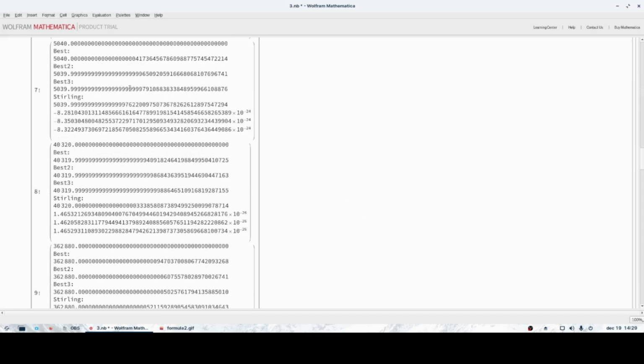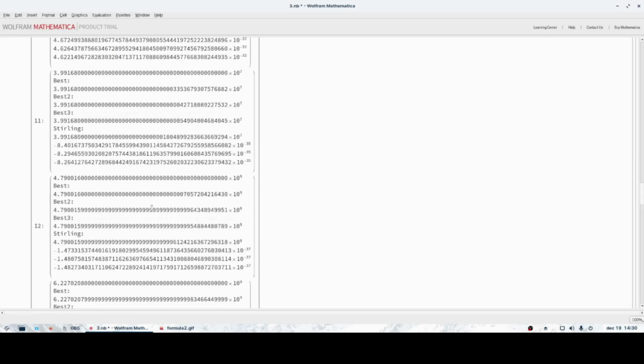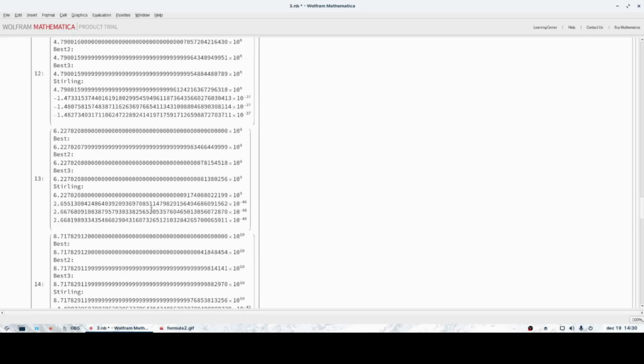For 7 factorial, the best formula is the same, but it's better than the best formula. So here 2 more decimal places are added for precision. It's the precise calculation.